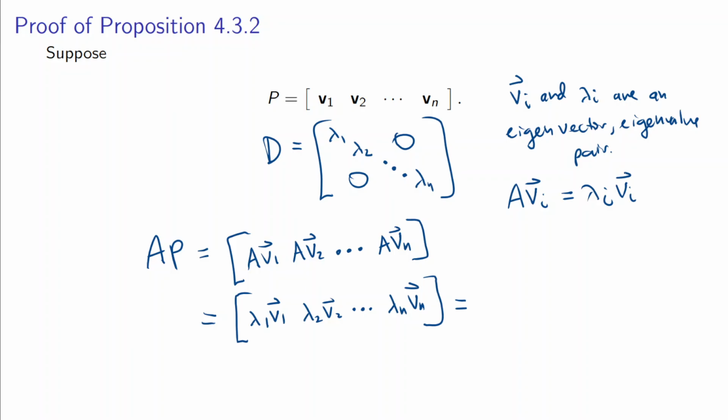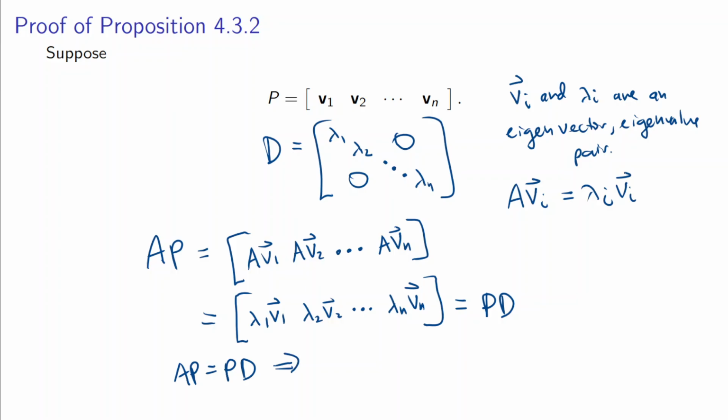But this is equal to P times D. If you take P and multiply it by D, thinking about how matrix multiplication works, since D is diagonal and set up in this exact way, we would end up precisely with this. So we have that AP equals PD.